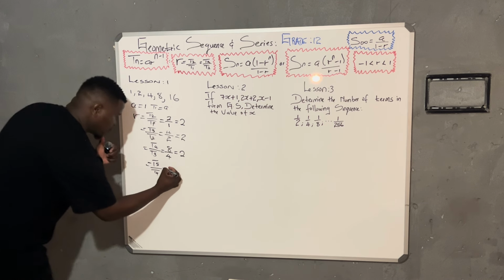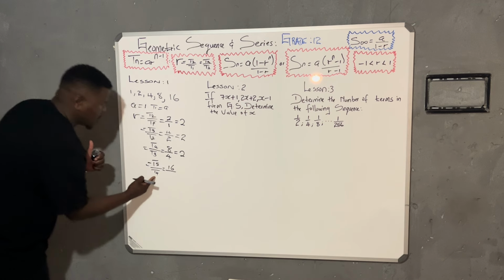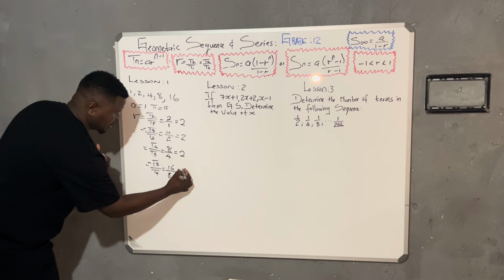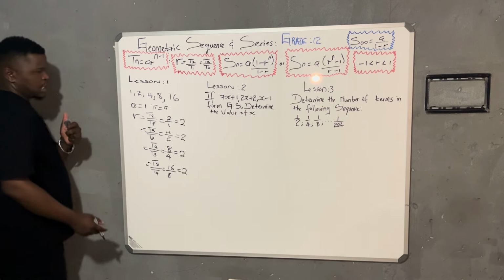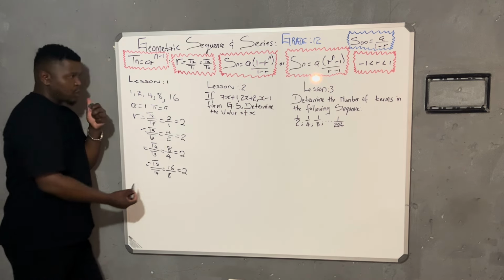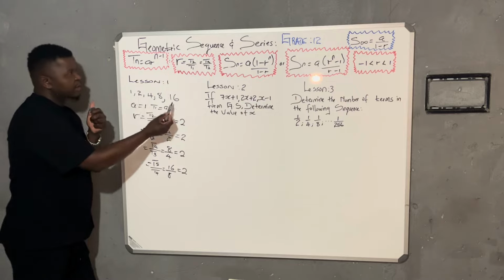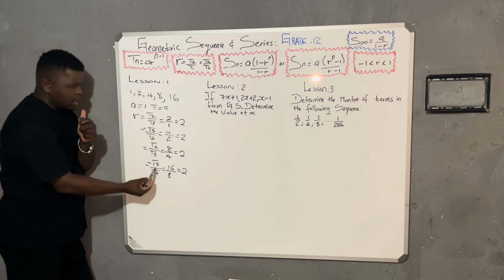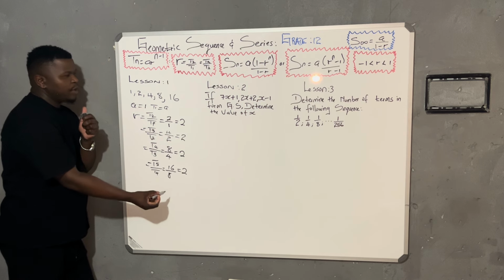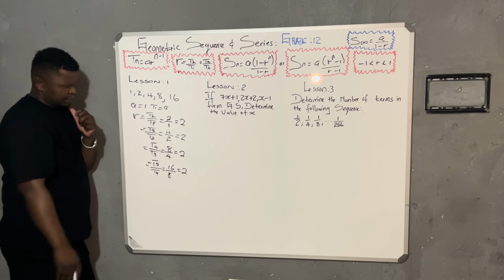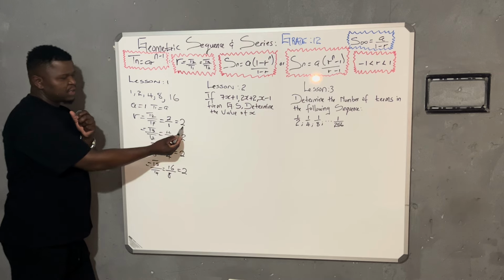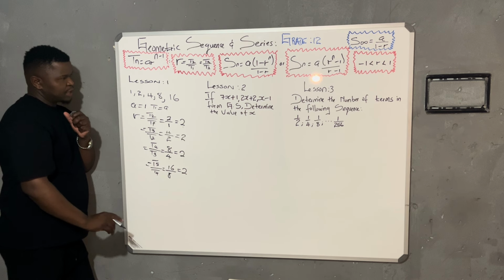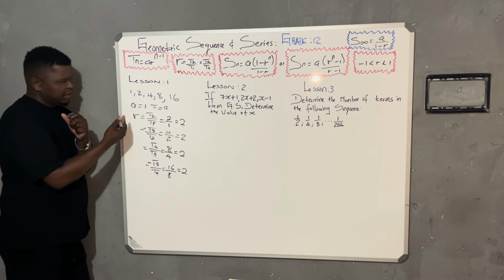Term number 5 happened to be 16 all over 8. It gave me 2. This proves that this sequence is actually geometric, because no matter what you do, you still get the same answer. You can see we keep getting the same answer, no alternate, same answer.